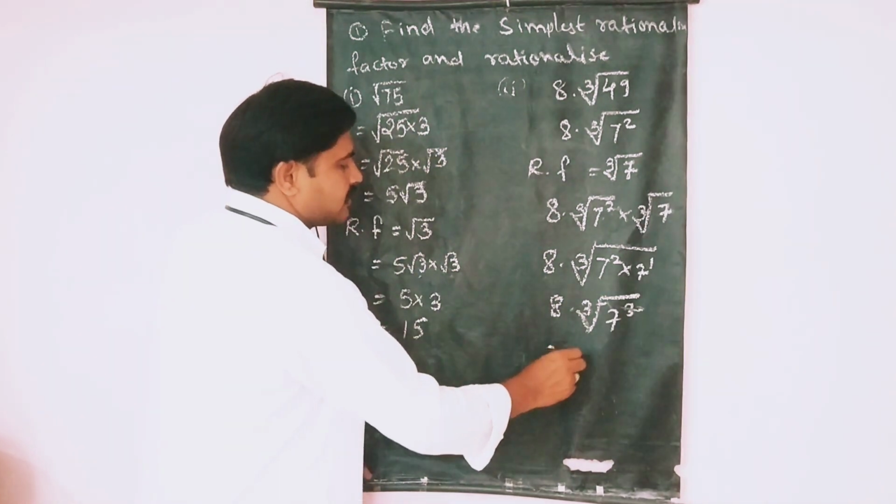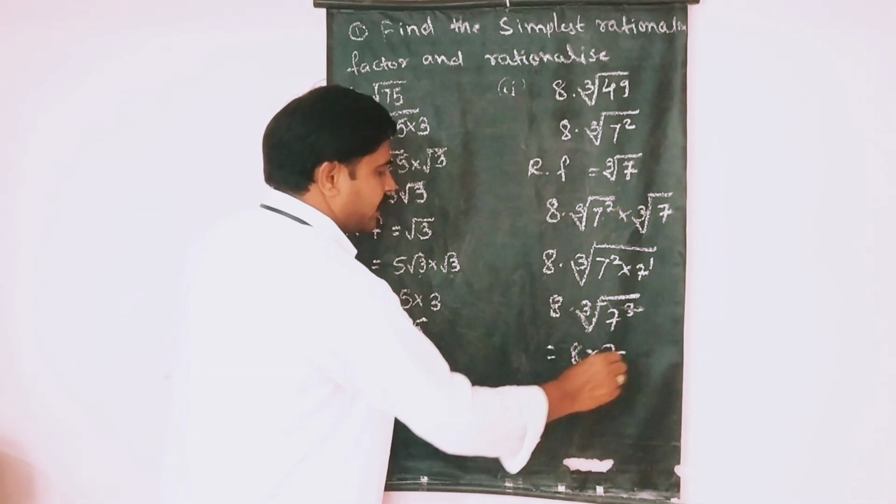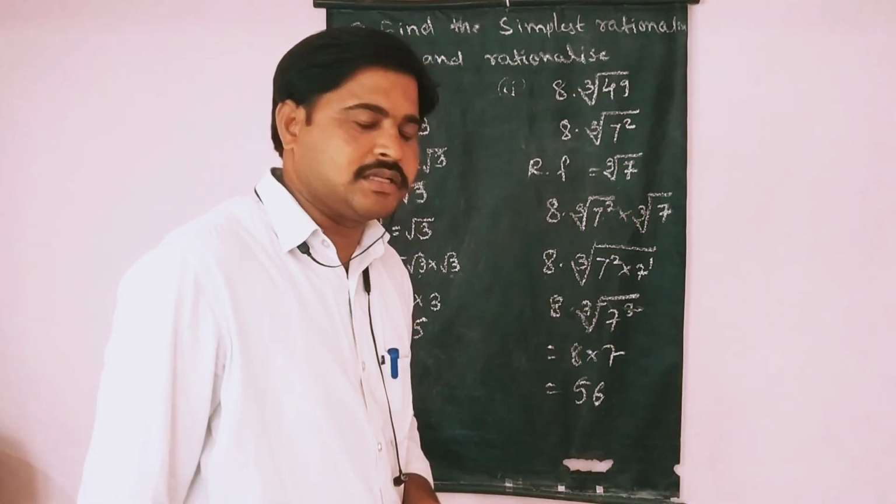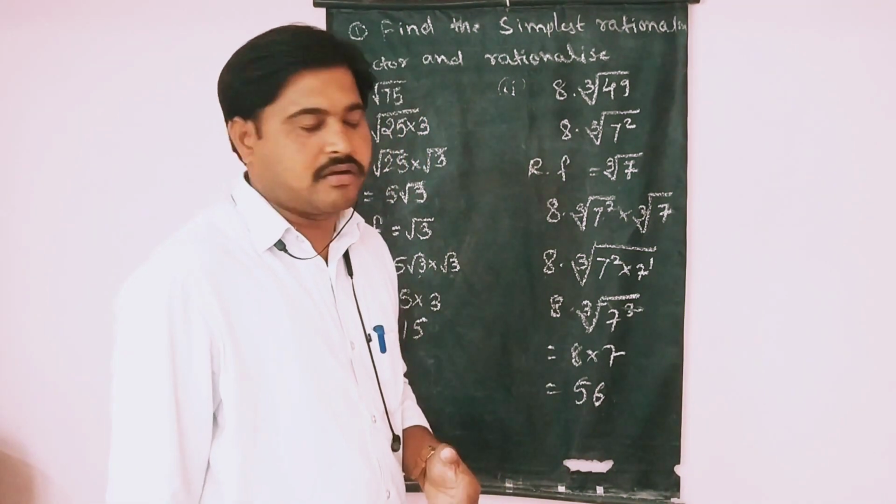The cube root gets cancelled. 8 into 7 is remaining. 8 sevens are 56. After rationalization, the answer we got is 56.